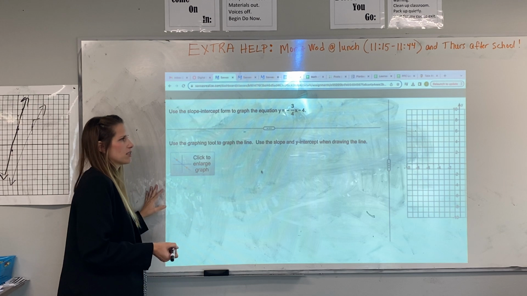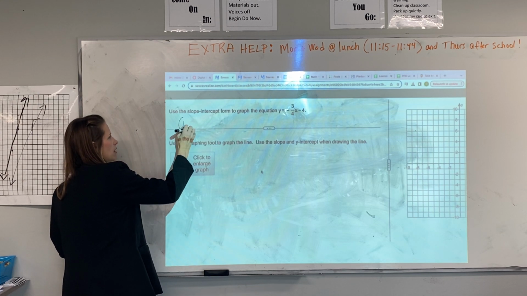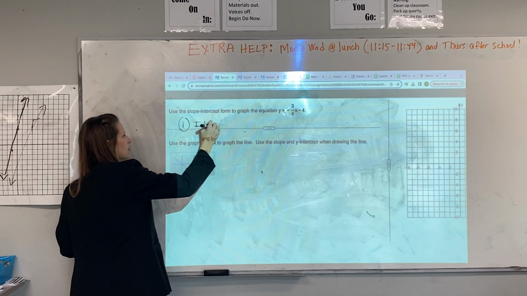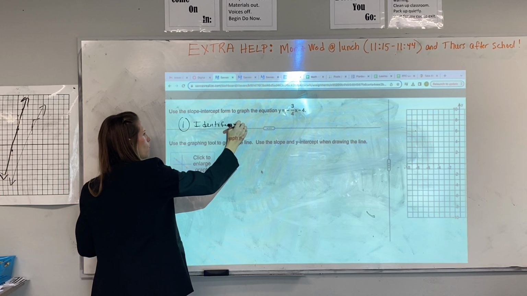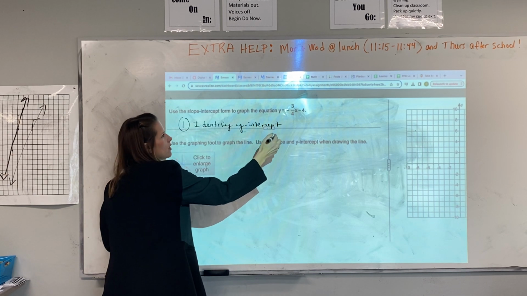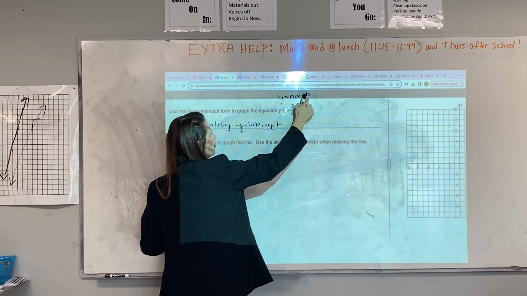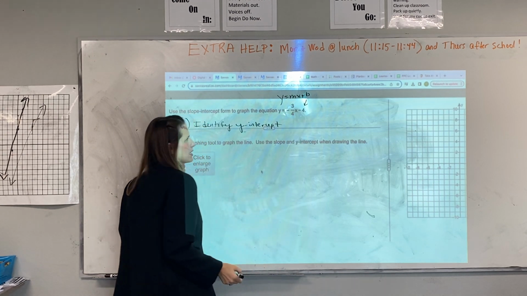What is the y-intercept? Good, it's -4. So step one is identify y-intercept. Since slope-intercept form is y equals mx plus b, b is our y-intercept, so it's -4.